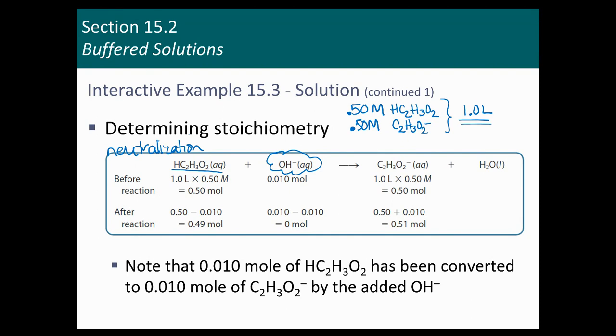So you see here, this 0.50 moles, that's because molarity times volume in liters gives us moles. So we know how many moles are floating in there. 0.50 times 1 liter is 0.50 moles. Notice that's the same for both of these, because that was what our question was.